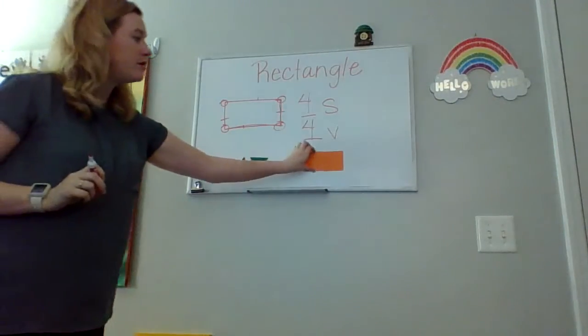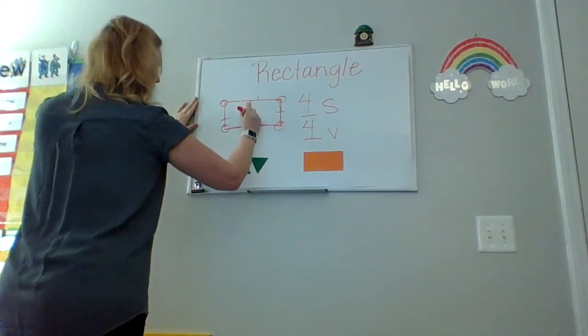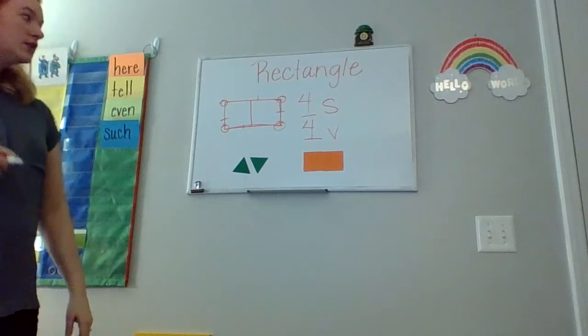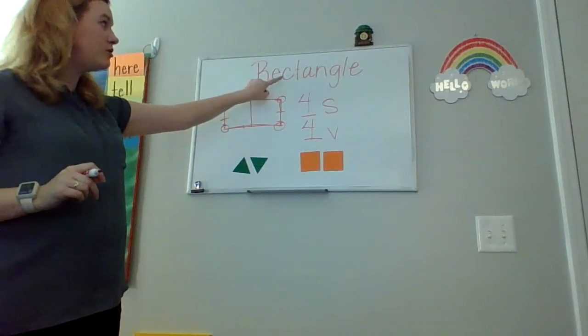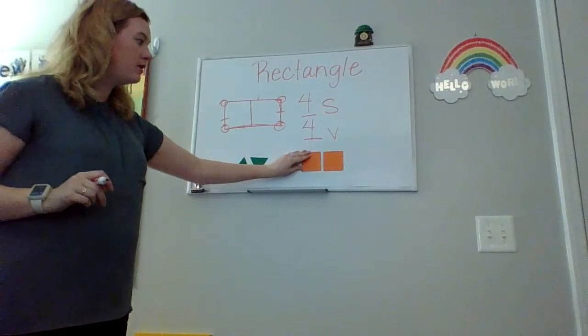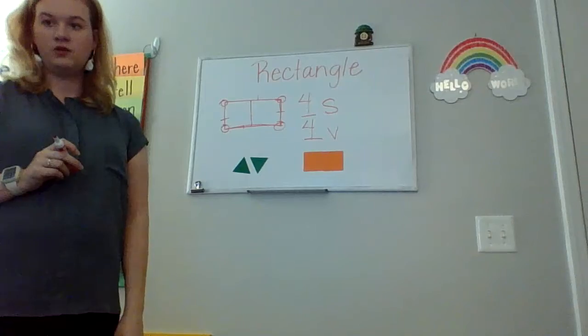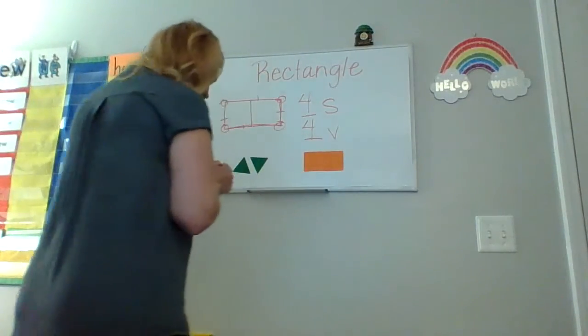So I have 2 squares right here, and I could make a rectangle with 2 squares. So I use 2 squares to compose a new shape, a rectangle. Pretty cool, right?